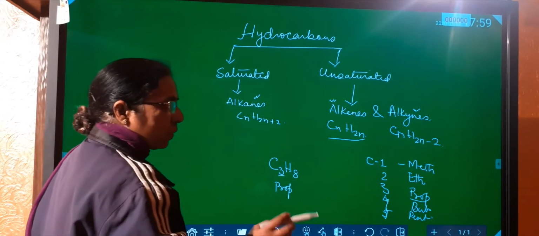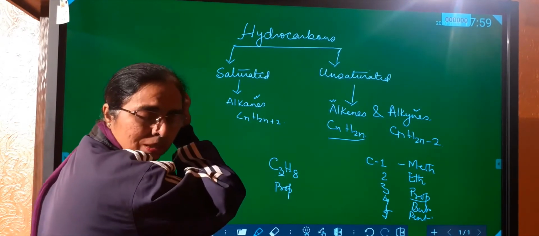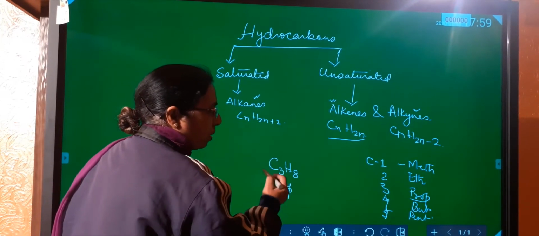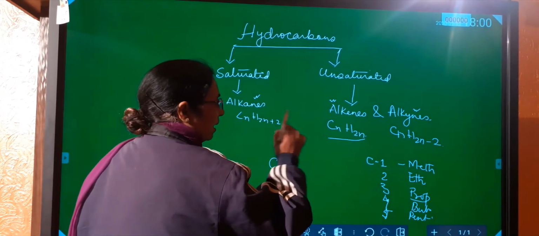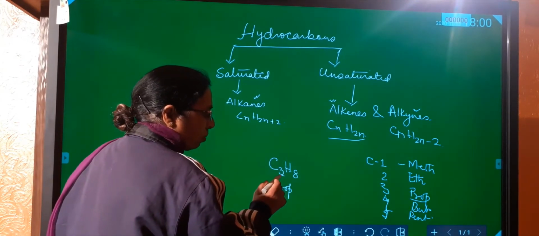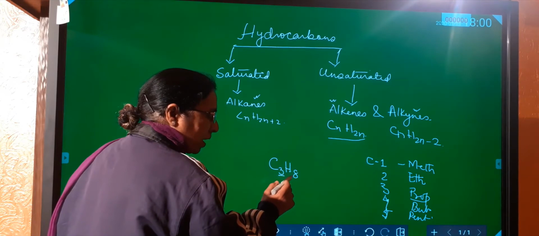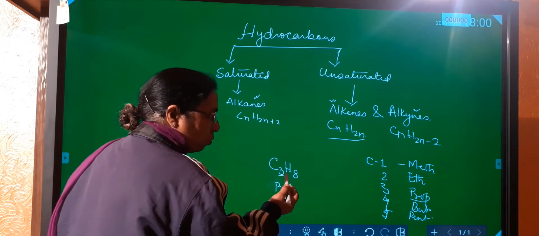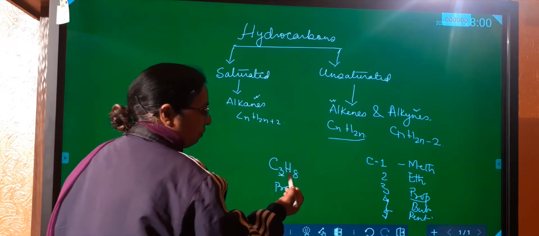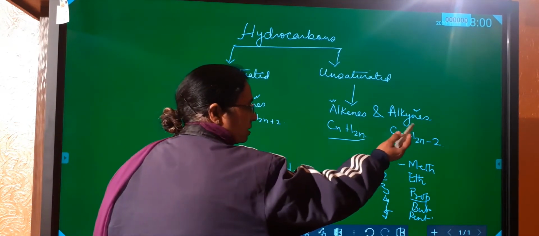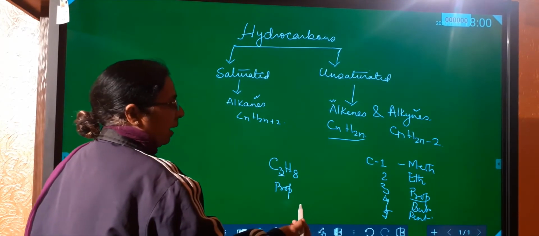alkyne. So once again I'll advise you students, whenever you have to check whether a compound is an alkane, alkene or alkyne, first of all check the number of hydrogen, whether it is equal to 2n or not. If it is 2n, that means it is an alkene. If it is more than 2n, that means it will be an alkane, and if it is less than 2n, that means it will be an alkyne.